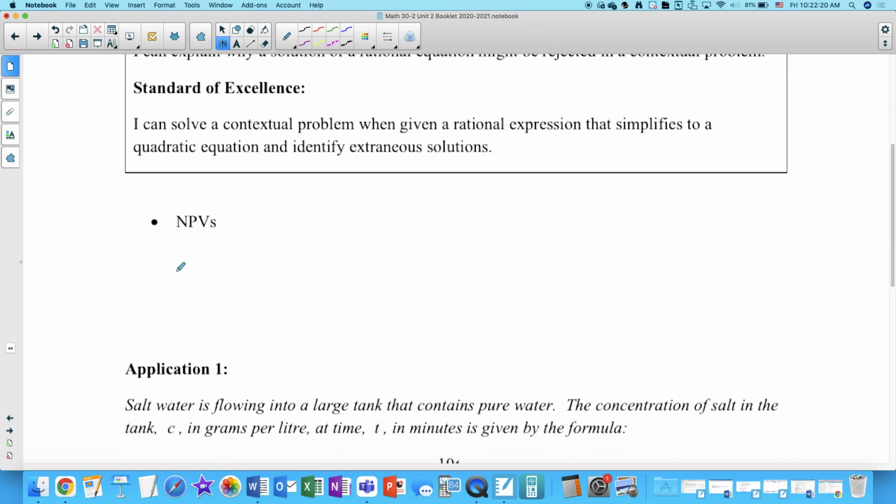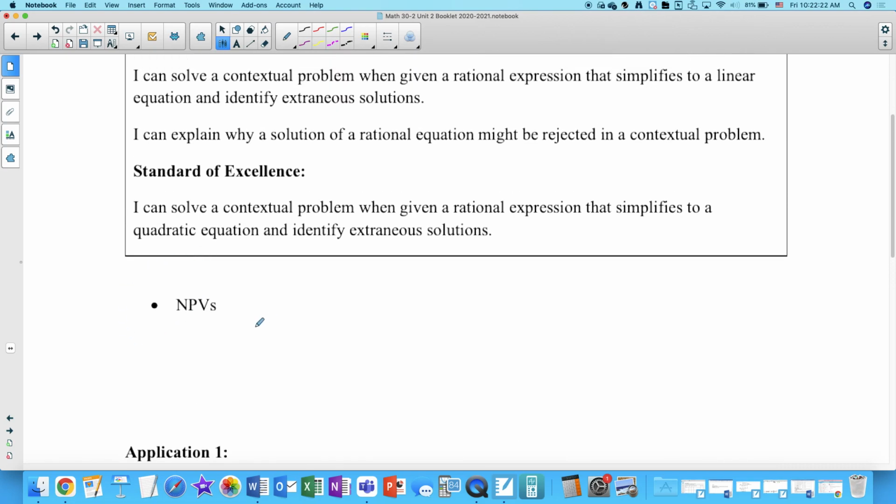We kind of already talked about non-permissible values in the previous example, but what I'd like to say here is that when we're solving an application problem, we have to think about non-permissibles, but we also need to consider what values make sense in the context of the problem. And more often than not, we need to exclude the negative values.